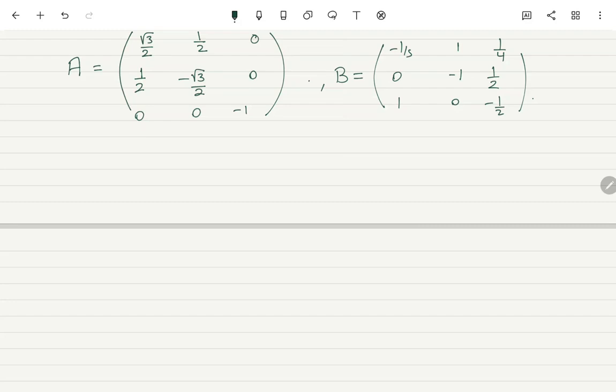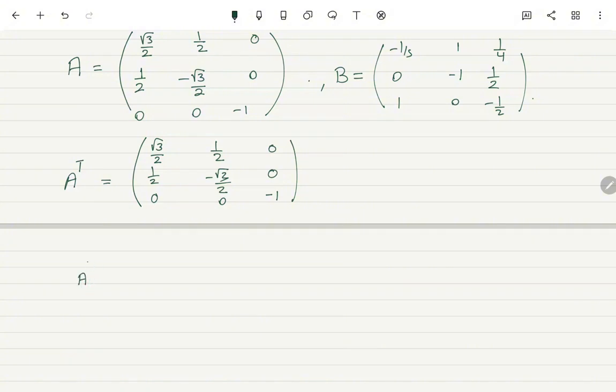Starting with A, let's find A transpose, which will be equal to square root of 3 over 2, half, 0, half, minus square root of 3 over 2, 0, 0, 0, minus 1.